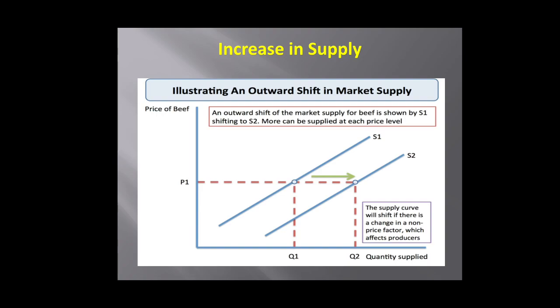That is, even when the price of beef remains constant at P1. In this case, the supply curve shifts forwards, or we can say rightwards, as from S1 to S2.